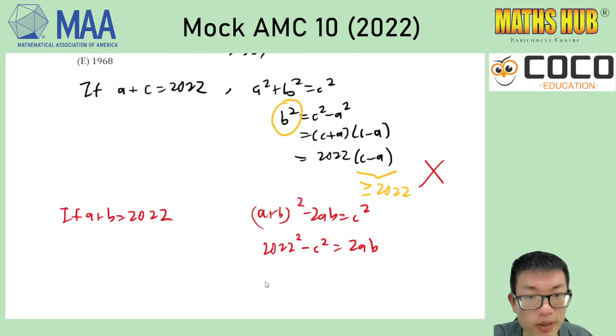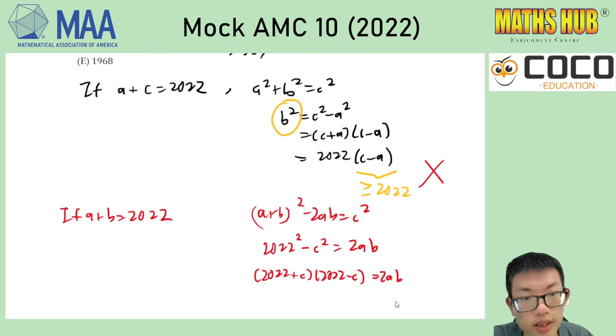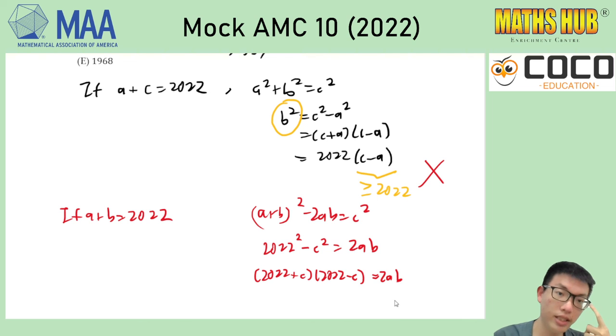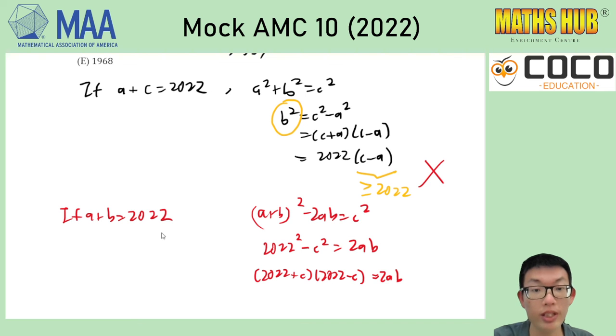The only problem is that if you did something like this, it's not that obvious how one would go about restricting c, a, and b, because a plus b just sum to 2022. Right? It's not very clear how we're going to do this.